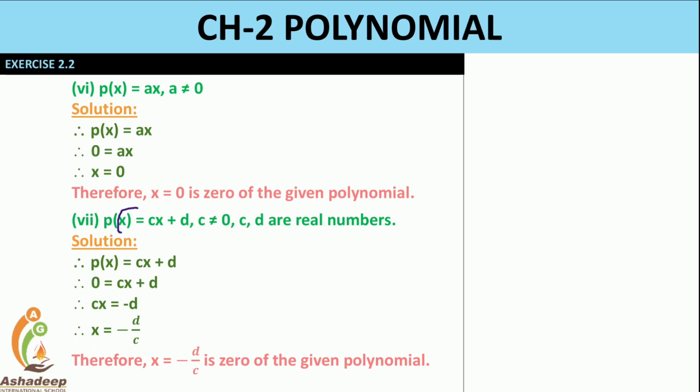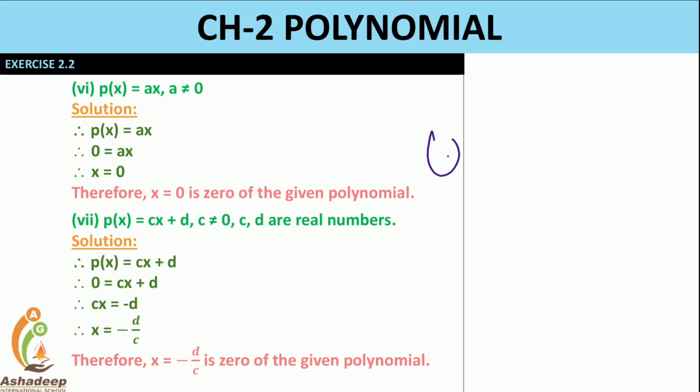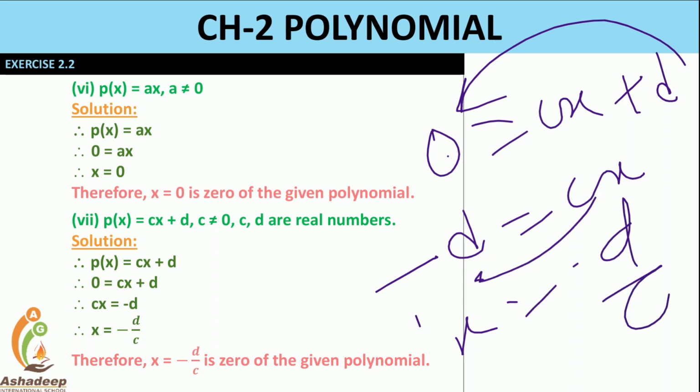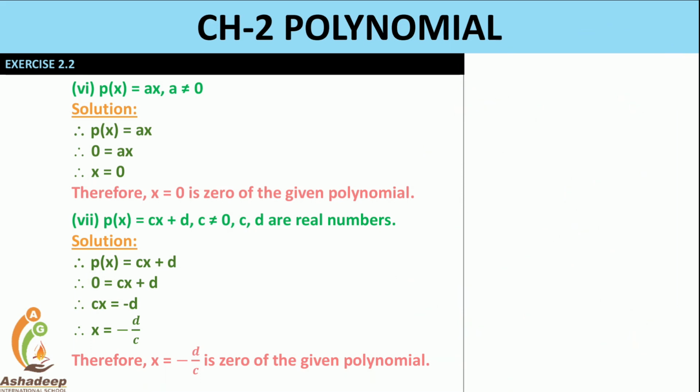So x is the variable and the other two are constant terms. Therefore p of x is equal to 0 is equal to cx plus d. If d comes onto the other side, it becomes minus d is equal to cx, and therefore c comes into the denominator, so minus d upon c. So minus d upon c is the 0 of the given polynomial.